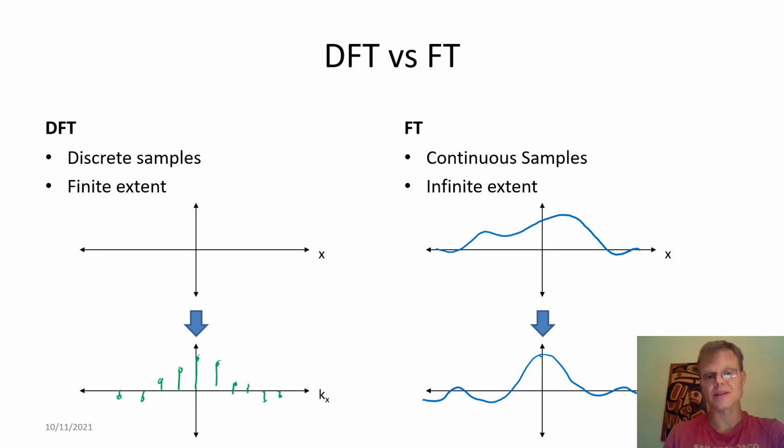And it turns out when we take the DFT of this, we're also only going to get a discrete number of samples that exists over some finite range.